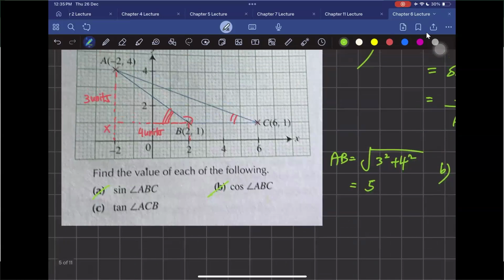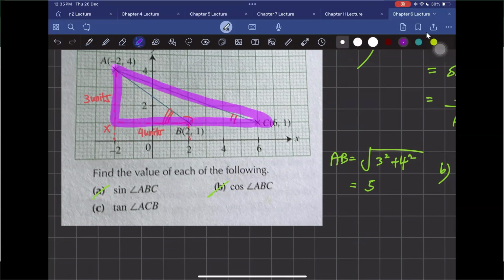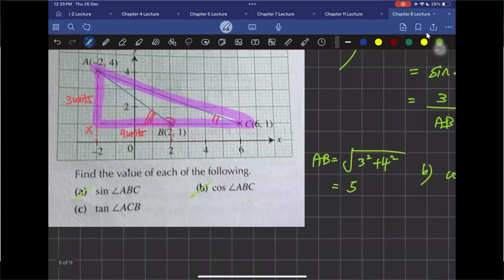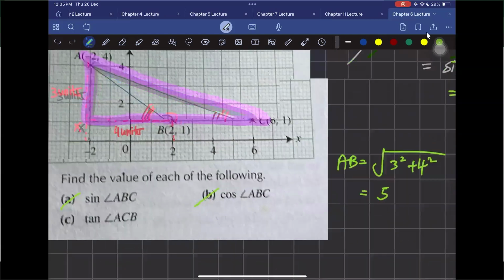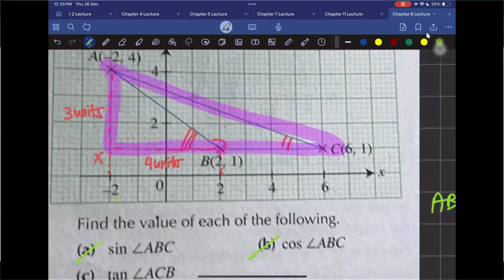Then now your part C, tangent ACB. They want you to find the tangent of this angle. In this case, I would look at the combination of these two triangles. Let me draw in red.